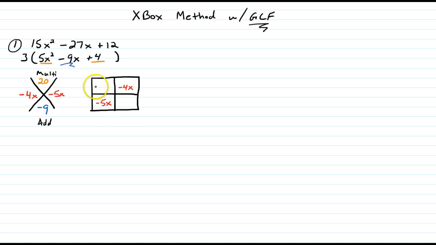And remember, the first term is going to go here in our first box. Our last term is going to go in the last box. Now notice I'm using the terms from our factored expression, not our original. Now the small number can't go into the big number, so their GCF is 1, but they both share an x, so you can take an x out.